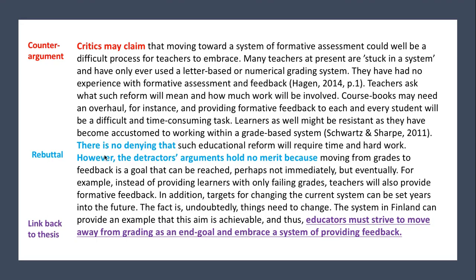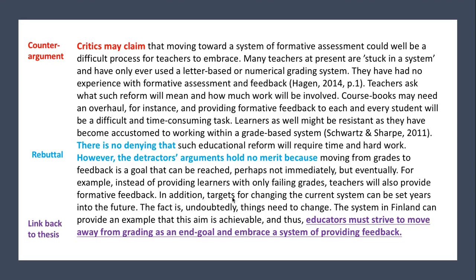It's a pretty good counter-argument, but the rebuttal is better, or it makes the main thesis really clear. There is no denying that such educational reform will require time and hard work. However, the detractors' arguments hold no merit because moving from grades to feedback is a goal that can be reached, perhaps not immediately, but eventually. For example, instead of providing learners with only failing grades, teachers will also provide formative feedback.